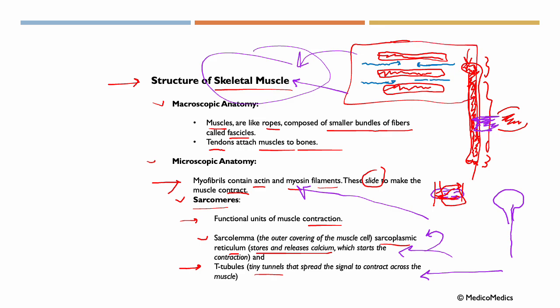When these go in, this part here and this part here will move inwards. And this will shorten the length of the muscle. And this is what happens when contraction occurs. And when this contraction is occurring in the muscle, this will pull this tendon, right?